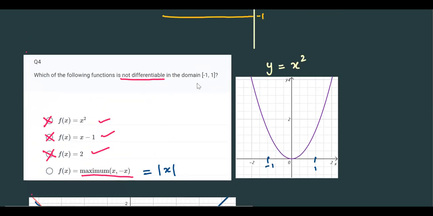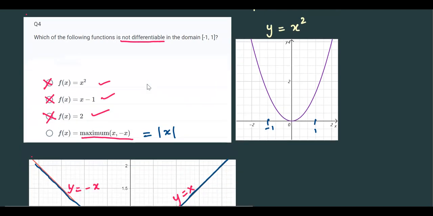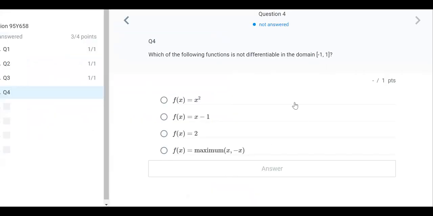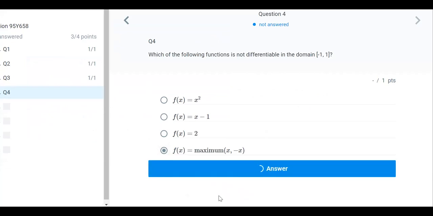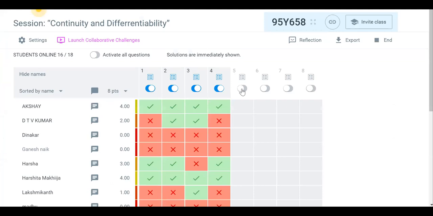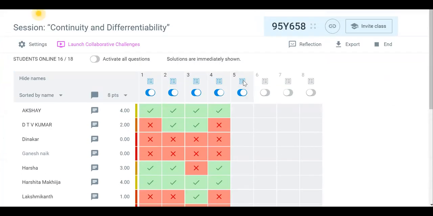So in -1 to 1, at x equal to 0, this function is not differentiable. Is it clear? Yes, sir. So that was the trick. It is just a way of confusing, but that's the way maximum functions are written.